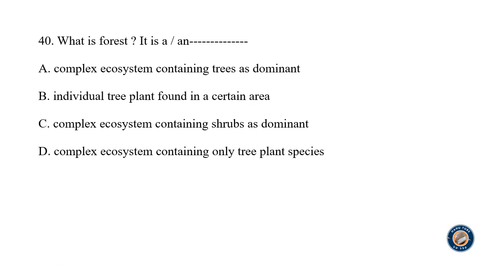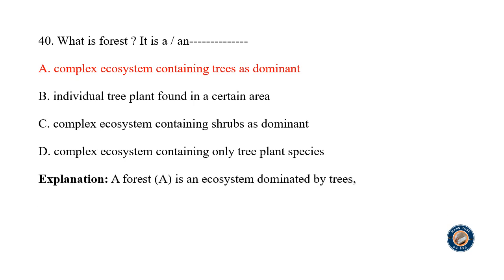D. Complex ecosystem containing only tree plant species. The answer is it's a complex ecosystem containing trees as dominant. A forest is an ecosystem dominated by trees.